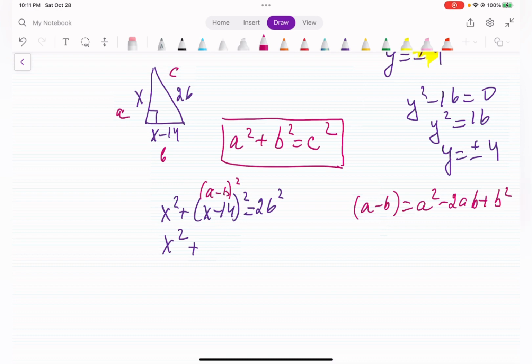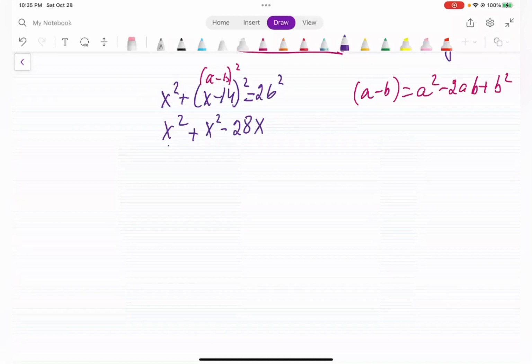So a squared is going to be x squared minus twice a, which is x, and b is 14. So 2 times 14 is 28x. And then 14 squared is going to be 196. And 26 squared, I have no idea. 26 squared is going to be 676.